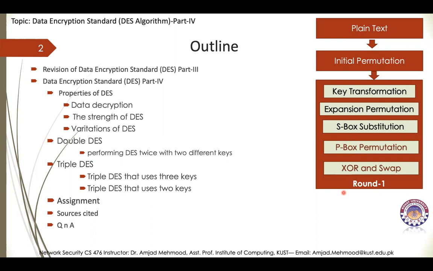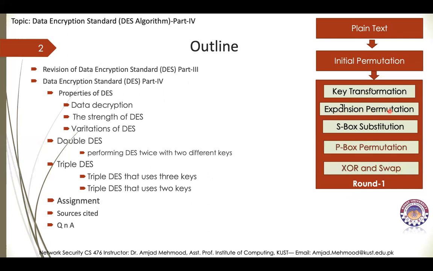So in the plain text, first of all, you pass 64 bits, and then it is passed to initial permutation, as permutation means jugglery of bit positions. Then your stream of bits is divided into left half and right half, and then it passes to round one where the key transforms it, and then expansion and permutation is done on it.